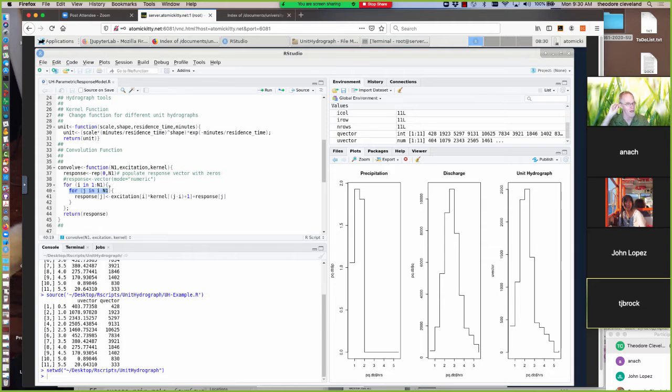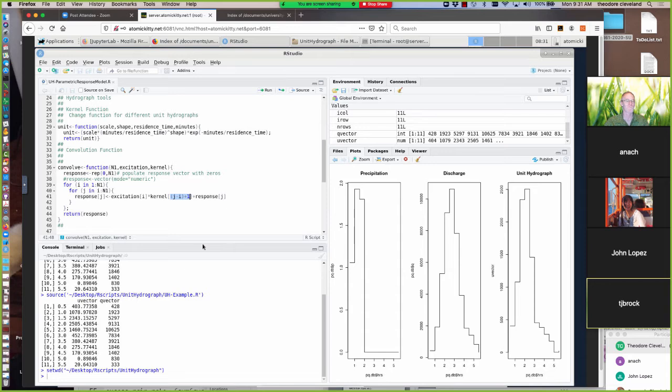based on that size. So it runs tau, which is the i index, from 1 to n1, and it runs t, which is the j index, from 1 to n1, and in the kernel is where the time shift occurs.